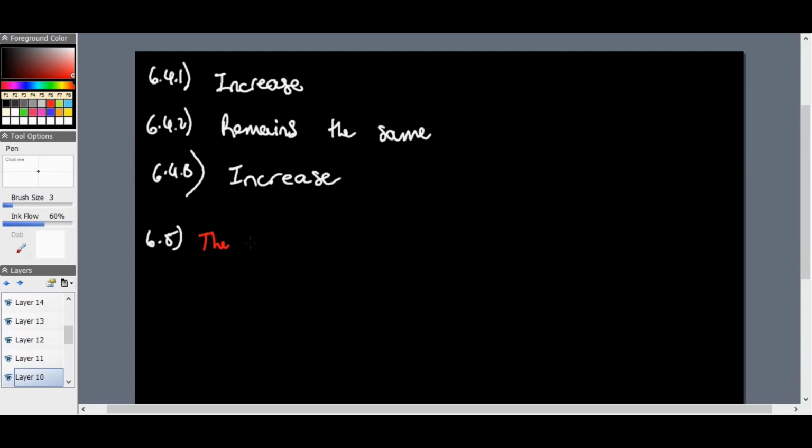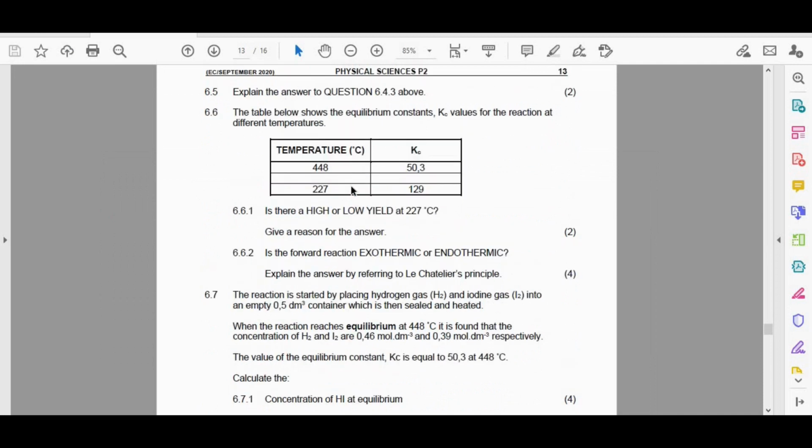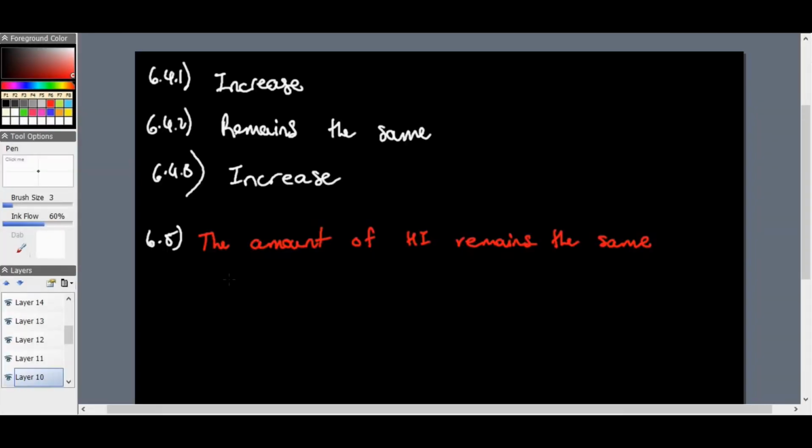First of all, the amount of the substance, which is the mole, the amount of hydrogen iodide, that obviously remains the same. I think that was 6.4.2. Yes, number of moles. So the amount remains the same.